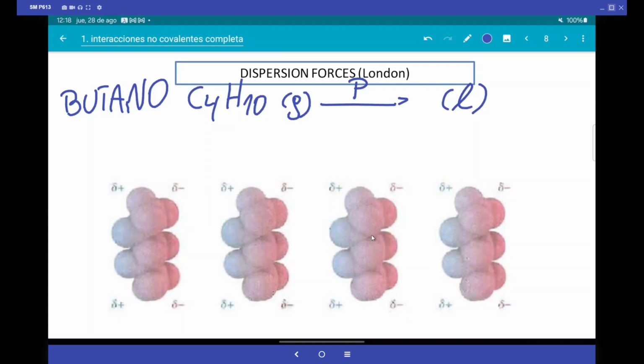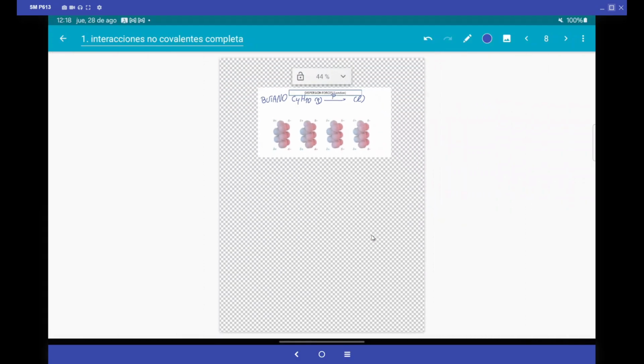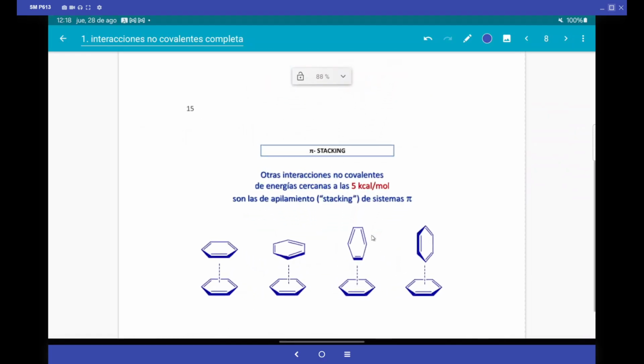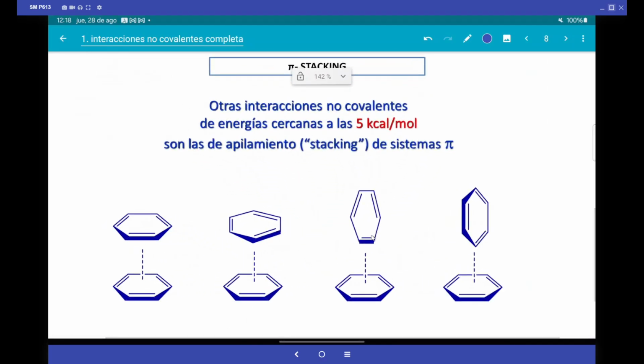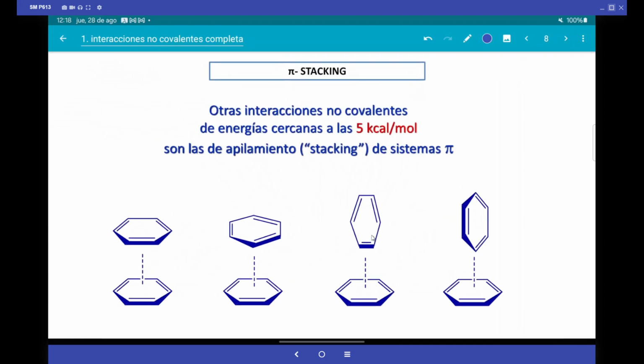P-stacking interactions, or P-stacking, are other non-covalent energy interactions. Close to 5 kilocalories per mole are those of P-stacking. Now this value, 5 kilocalories per mole, was the most common value of, very well, it was also the value close to a hydrogen bridge.